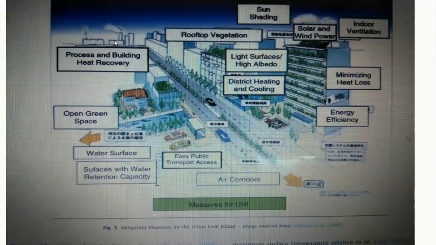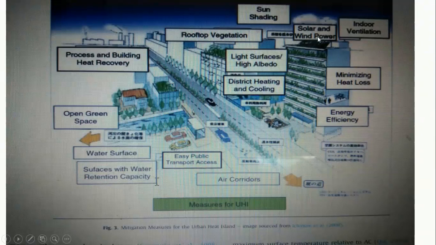So you see here that there is rooftop vegetation. The vegetation absorbs heat so that heat cannot go directly to the building, and there are trees in the front of the building which minimize the temperature absorption.